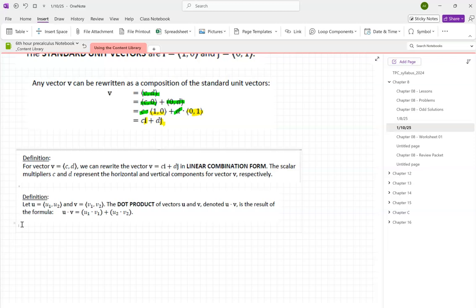What we get back is a scalar. So the input is two vectors and the output is a number, not a vector.